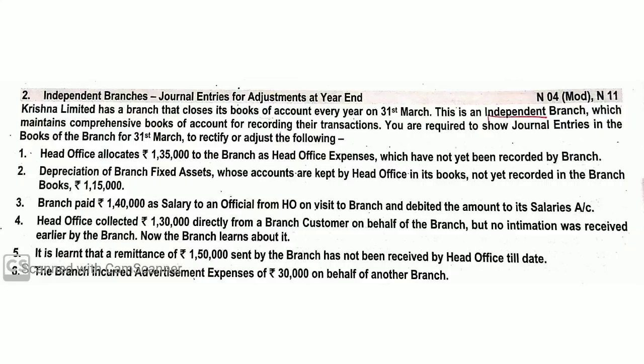We have already seen the entries. Here, the depreciation of branch fixed assets, whose accounts are kept by head office. Actually all the assets are maintained by the head office only. So what will be the entry? The depreciation not yet recorded in the branch book is rupees 1,15,000.